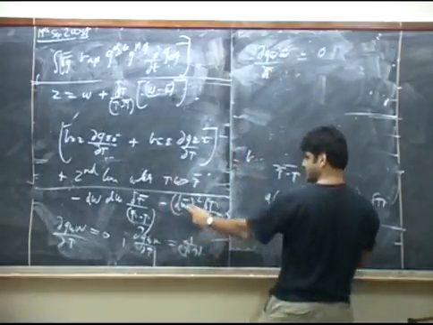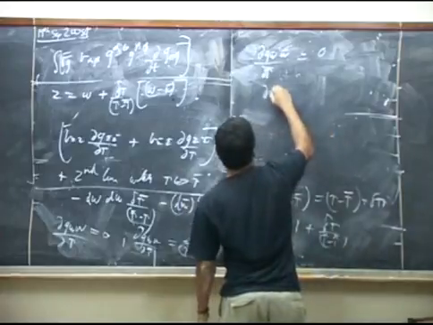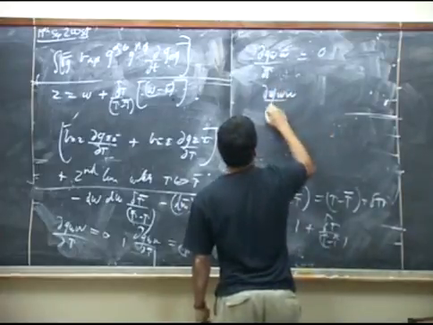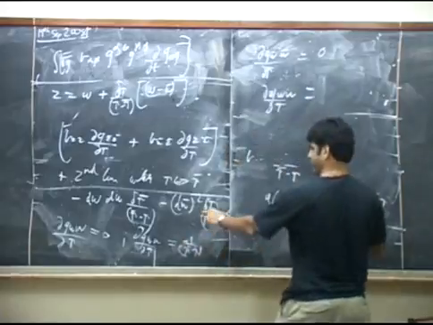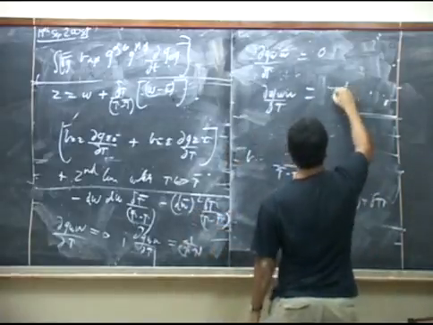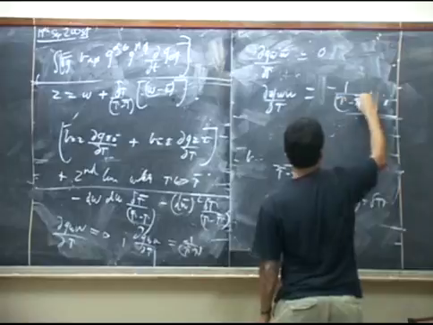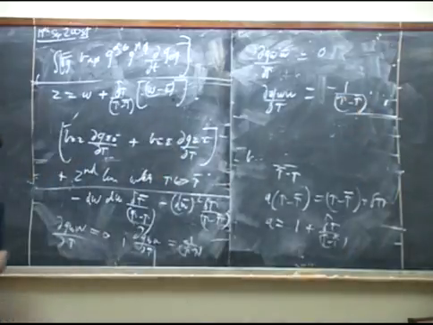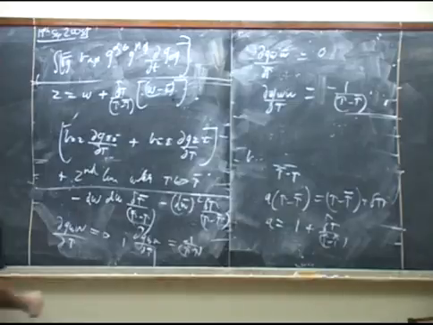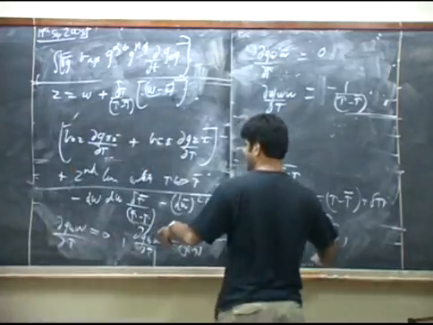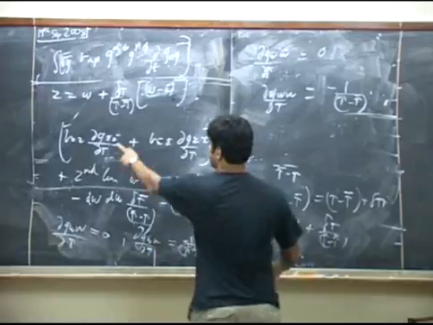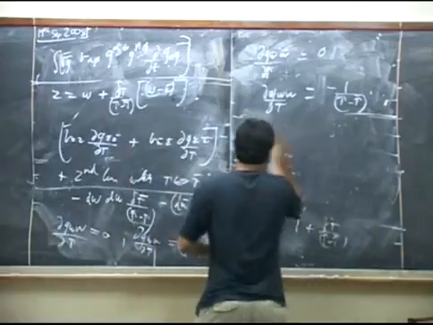We conclude that by looking at this. But dg_w-bar-w-bar by d tau is equal to whatever we get from here, minus 1 over tau minus tau-bar. This is clear. Okay?